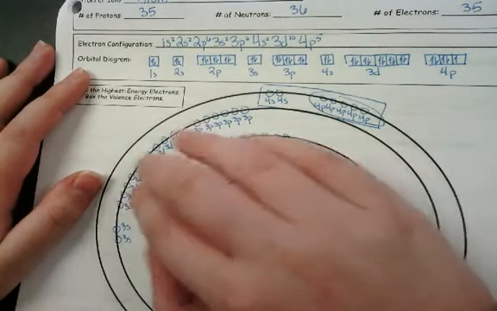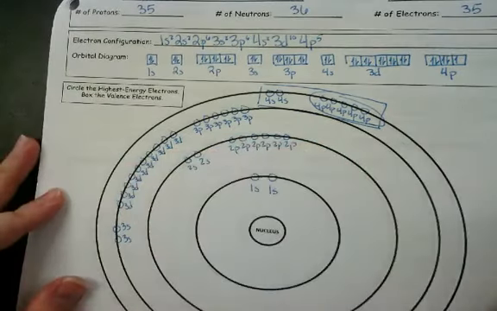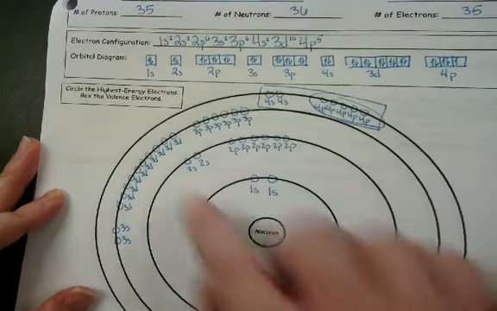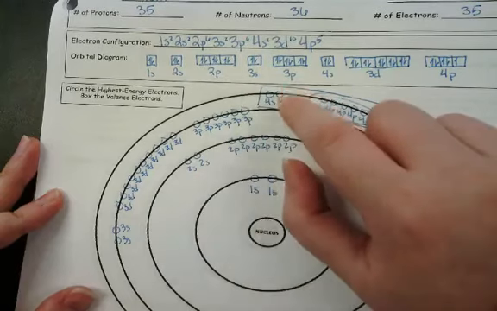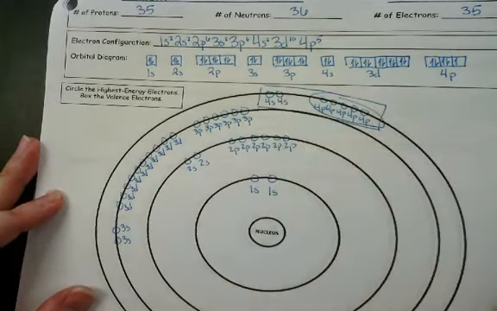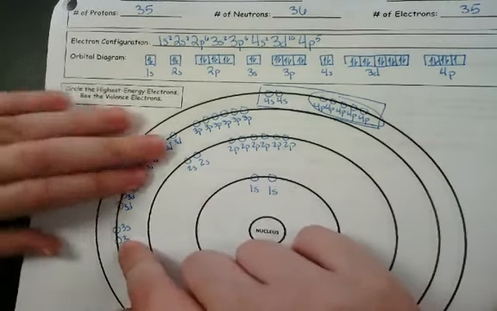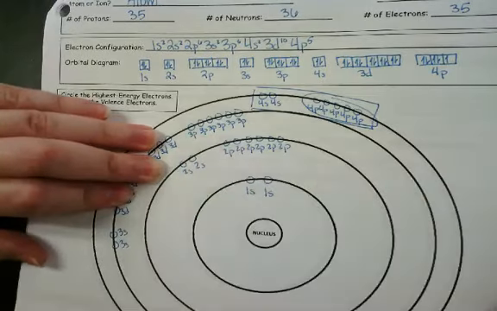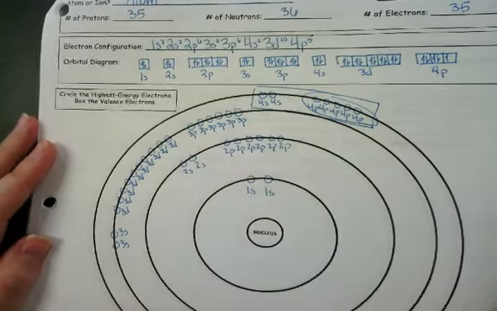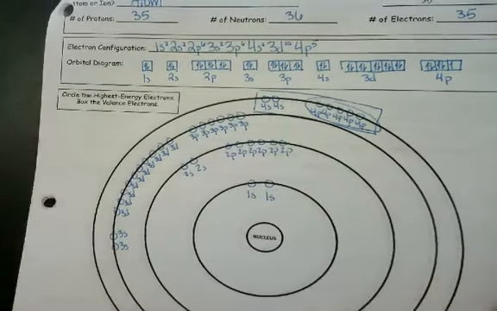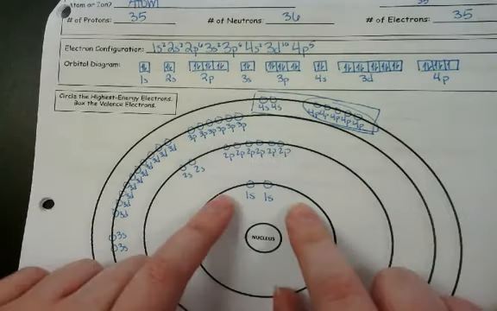That means these 10 3D electrons can never be valence electrons, because at that point we already have some on the 4th energy level, and so our 4s electrons are the valence. That doesn't break the rule of having only 8 valence electrons at a time, because whenever we go back and add the D, they're no longer valence. So you can have more than 8 electrons per energy level, as long as it's not energy level 1.